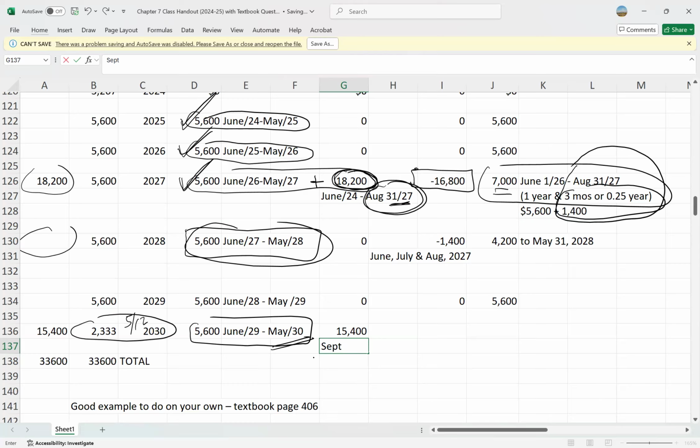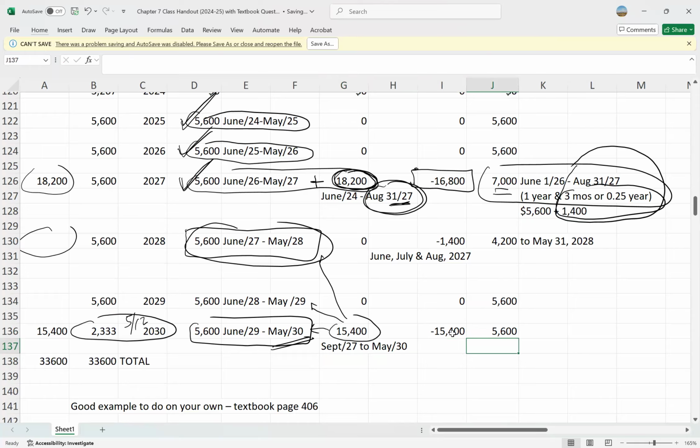So the last payment we're getting of 15,400 would be everything from September 2027 to May 2030. This 15,400 has already been included. And so in the final column, we're going to deduct the 15,400. And so that will leave us with just 5,600 to report in the final year.